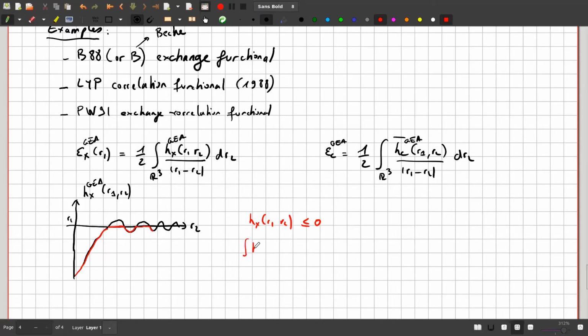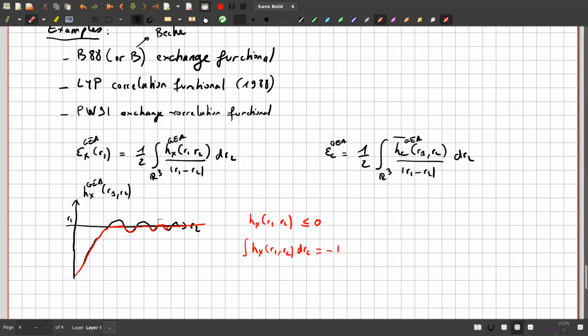And in order to restore the sum rule condition, that is that the integral over r2 must be equal to -1, they introduced a cutoff so that, for example, here at this cutoff, the sum rule is satisfied and then all the rest is cut. Okay, so of course, sorry, here also this part, which is positive, is removed.